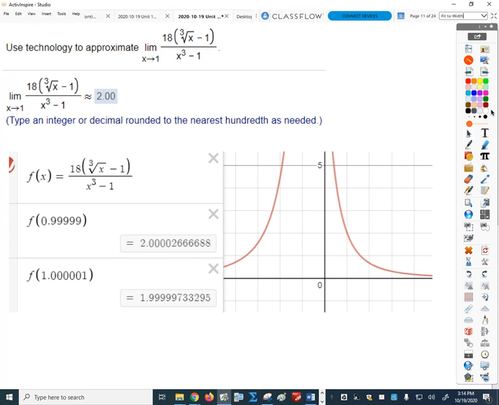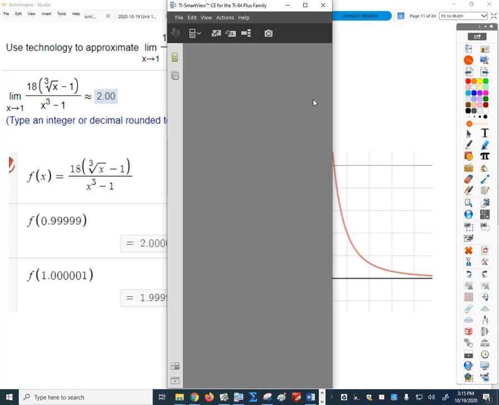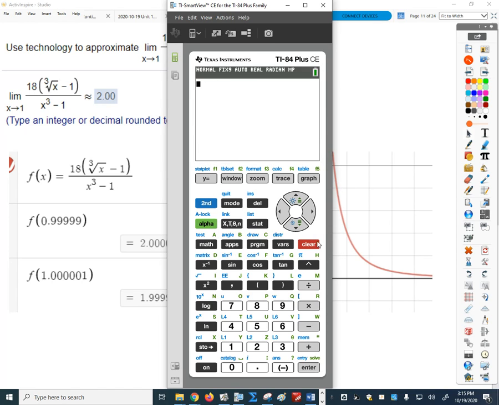We could do the same thing on our graphing calculator if we just entered this as y1 and then evaluated it at values very close to 1, right? Okay, so I'll show that to you real quick on your calculator. I could go up here to y equals, and I could add this function in there.